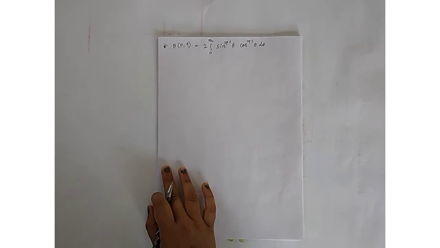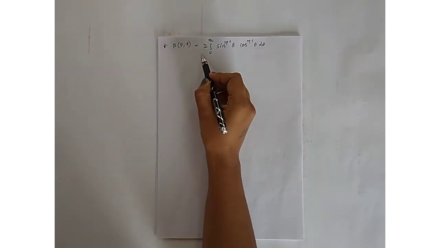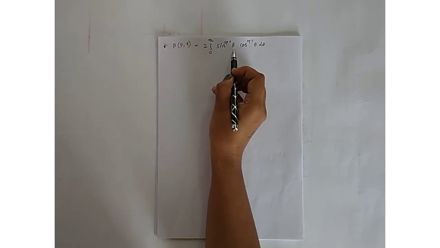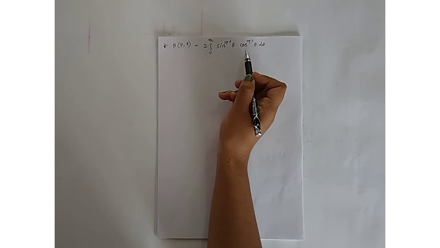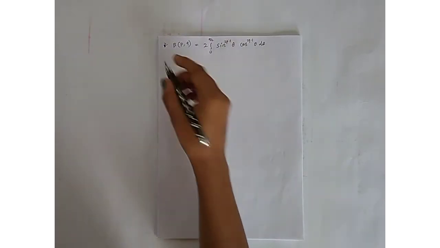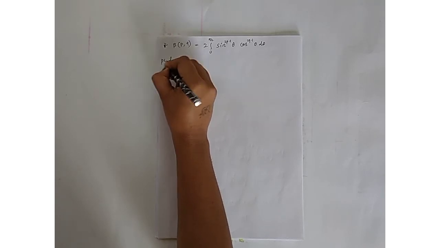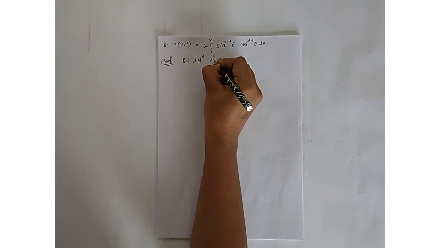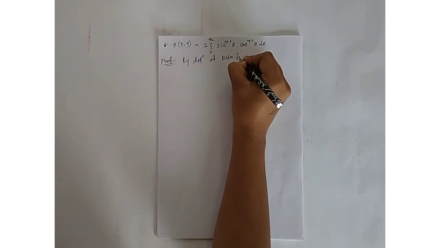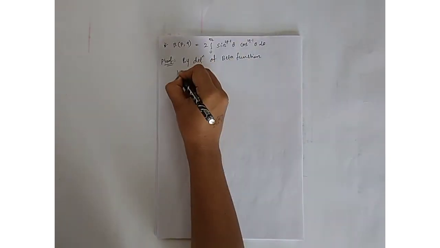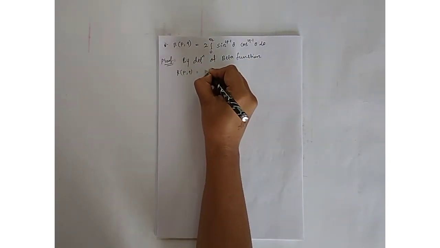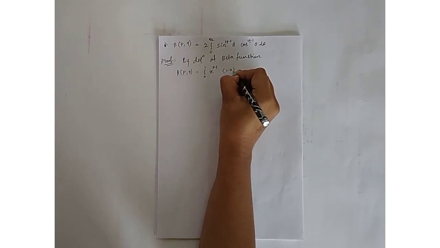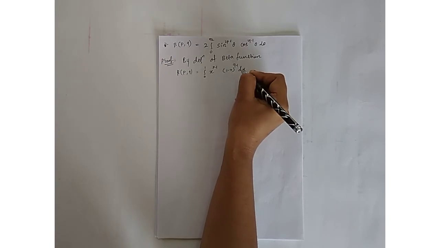Now we are going to see the next form, that is beta(p,q) is equal to 2 into integration with limits 0 to pi by 2 of sine to the power 2p minus 1 theta into cos to the power 2q minus 1 theta into d theta. So proof: by definition of beta function, beta(p,q) is equal to integration 0 to 1 of x to the power p minus 1 into (1 minus x) to the power q minus 1 into dx.